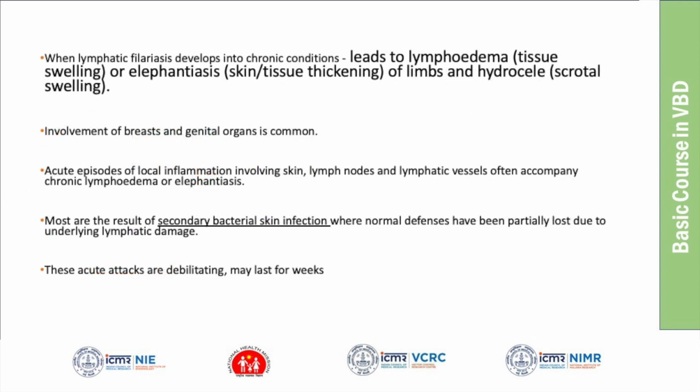Lymphatic filariasis infection involves an asymptomatic stage showing no symptoms, then acute symptoms, and also chronic conditions. So these are the major conditions when a person is infected with the lymphatic parasite.